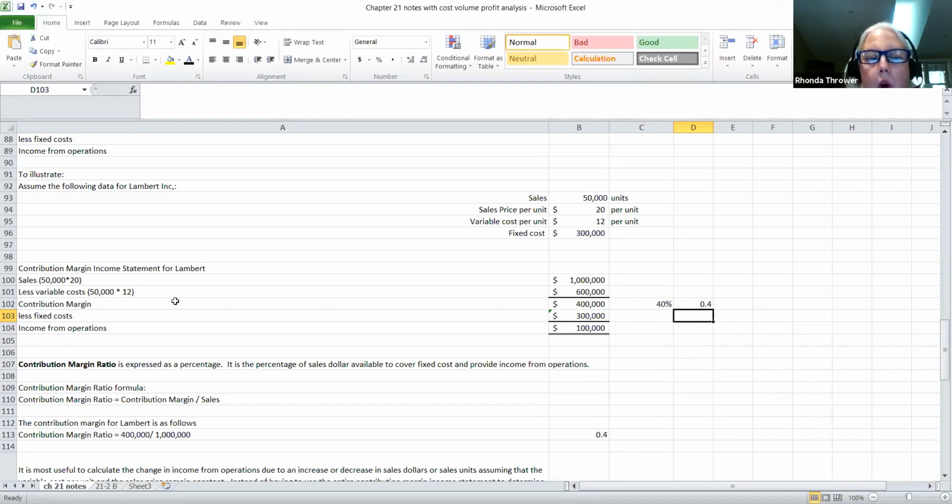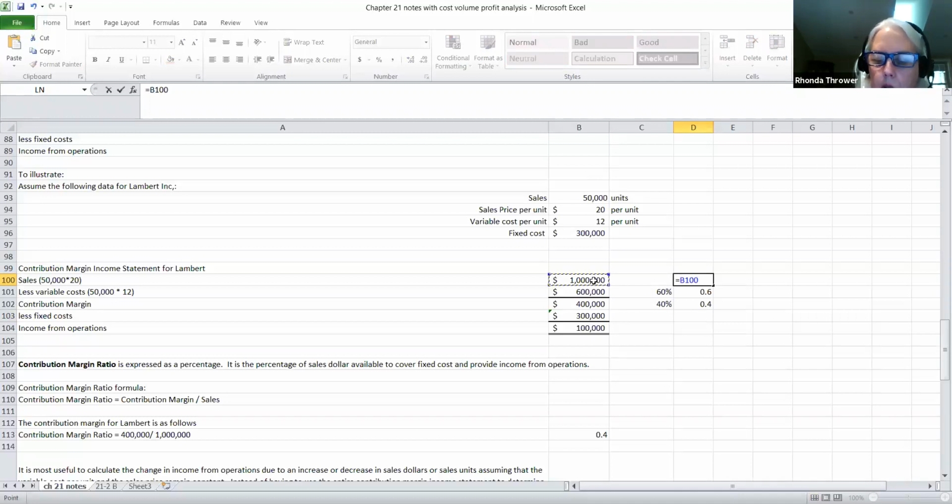If we wanted to know what the variable cost percentage is of sales, what we would do is the same thing, except we would use the total variable cost and divide that by the sales. And that would give you the variable cost percentage, which is 60%. So this is 60% here. Our sales divided by itself is 100%, or 1.